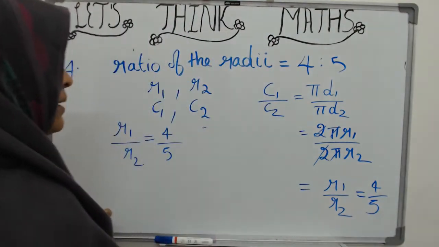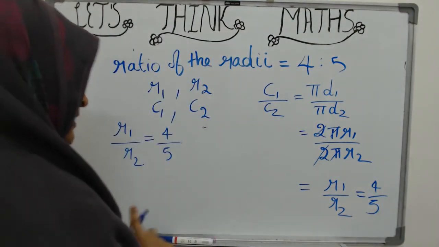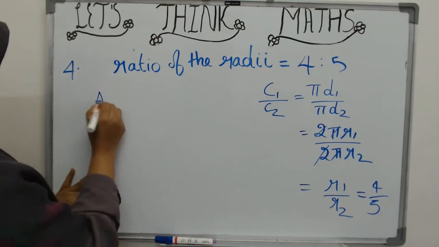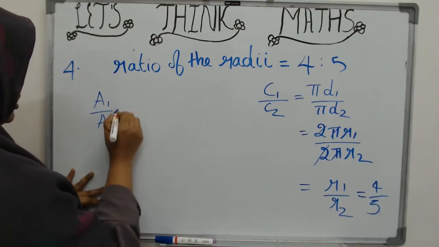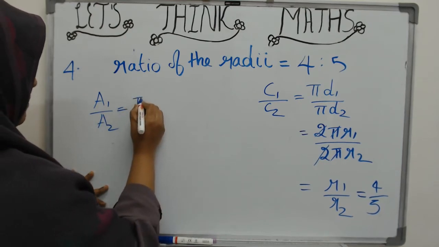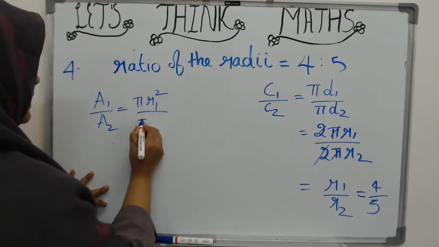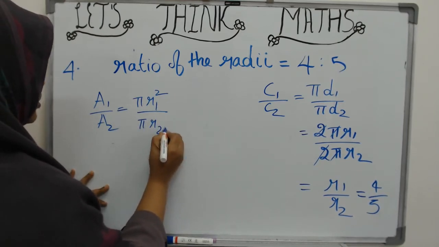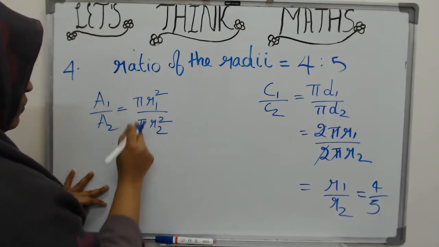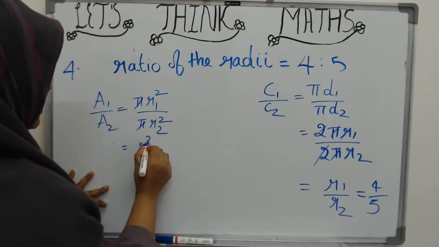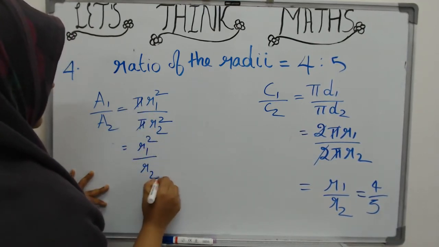Now, what about the ratio of their area? We shall find out. What is A1 by A2? A1 will be pi R1 square and A2 will be pi R2 square. Again, pi is common. Cut that. So you get R1 square by R2 square.